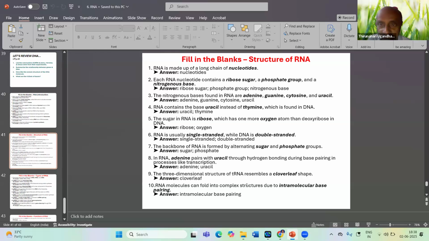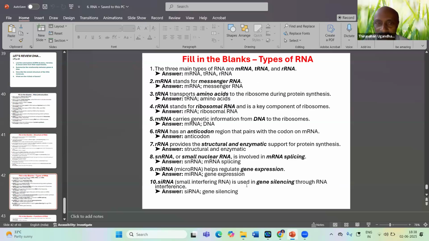That covers the introduction and structure of RNA. Next, the types of RNA.